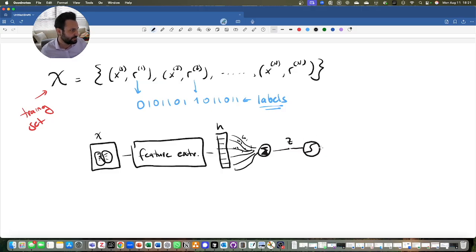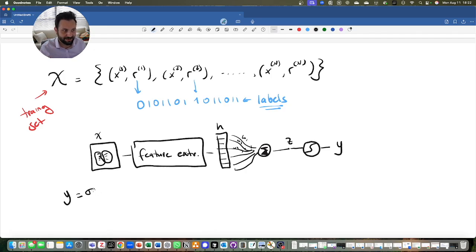From this activation function, I want the output to be a probability. So I would like my Y, which is an output, to be some function. We don't know what yet.